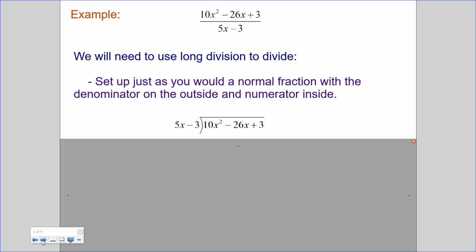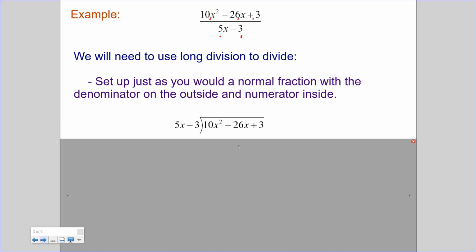You'll notice that all the terms do not share a common factor, where if they did, we could divide out a common factor and try to simplify it, but that still wouldn't allow us to fully divide the numerator by our denominator. So we will use long division.